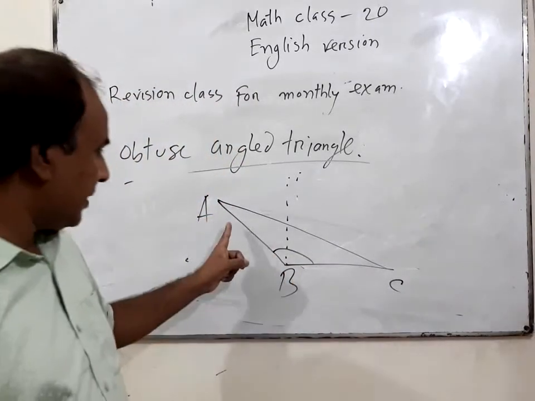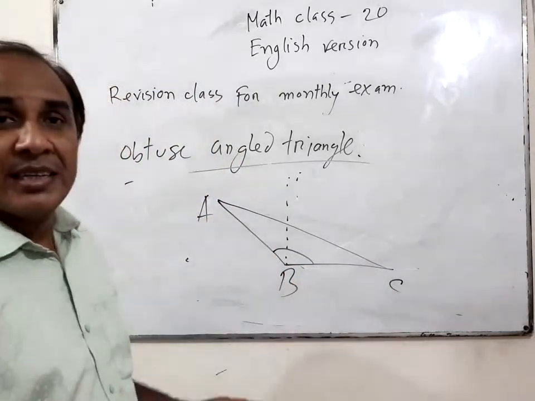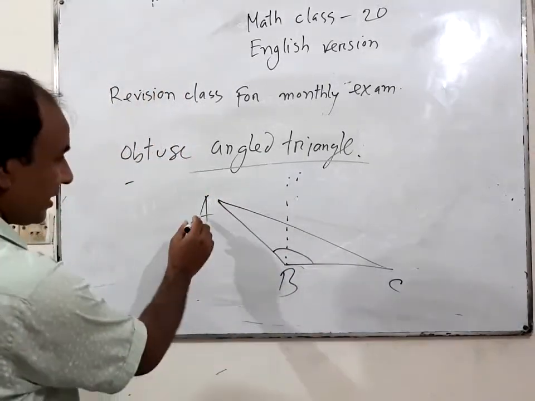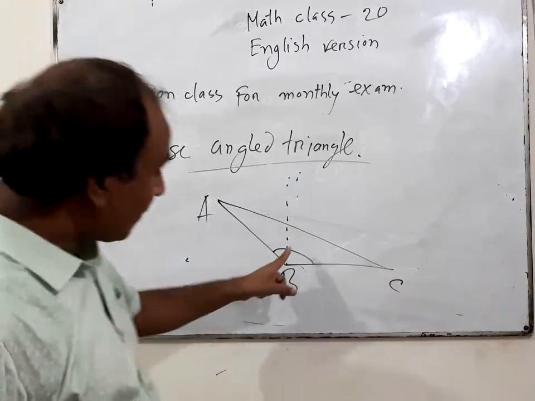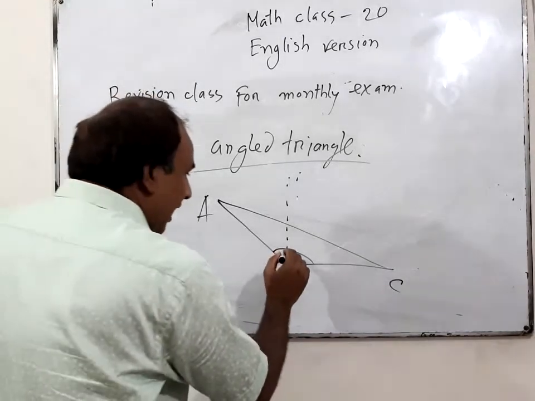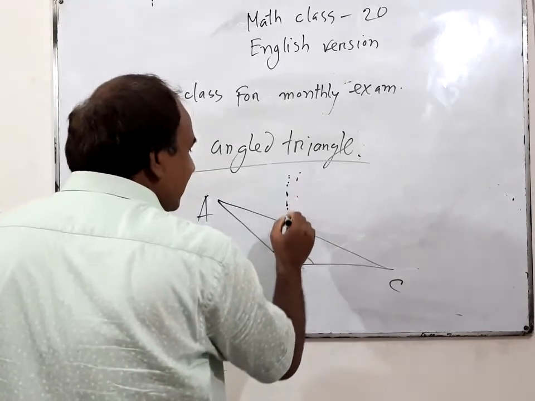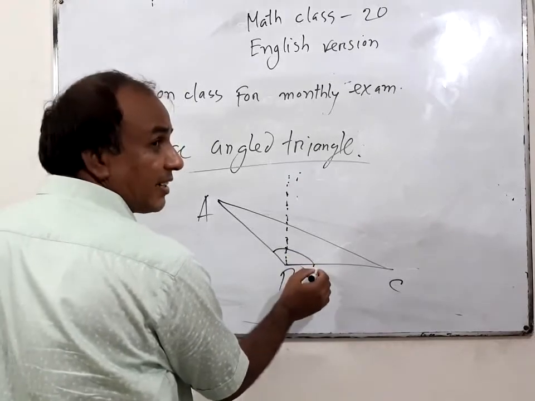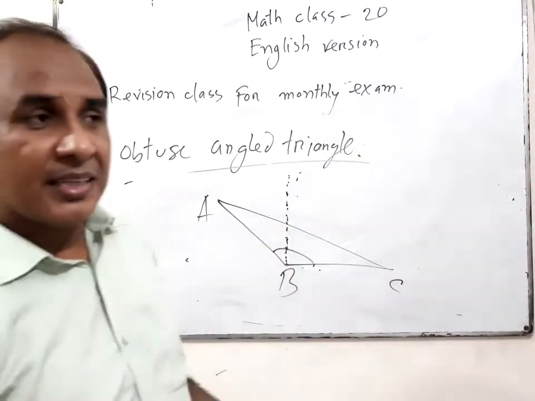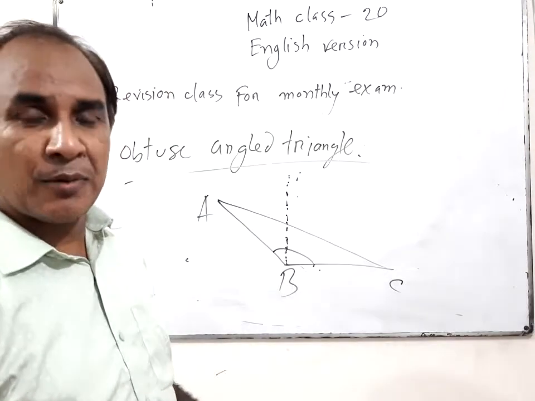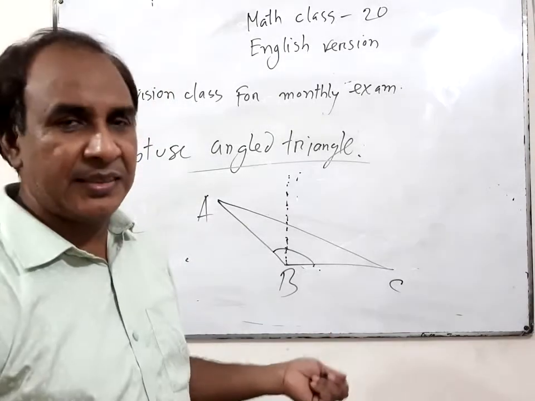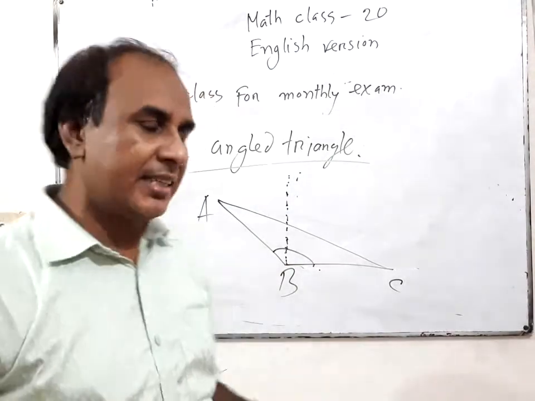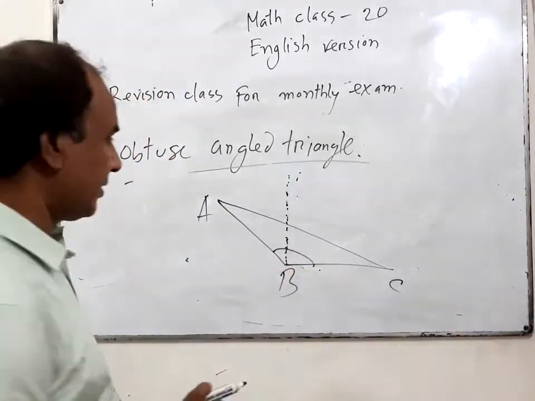In this figure, ABC is an obtuse angle triangle and the obtuse angle is ABC. I put this one because from here to here it is a right angle. Obtuse angle means it is more than one right angle and less than two right angles. That means from 91 degree to 179 degree all angles are obtuse angles.